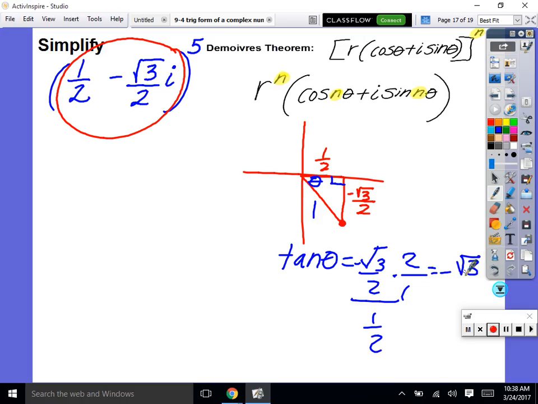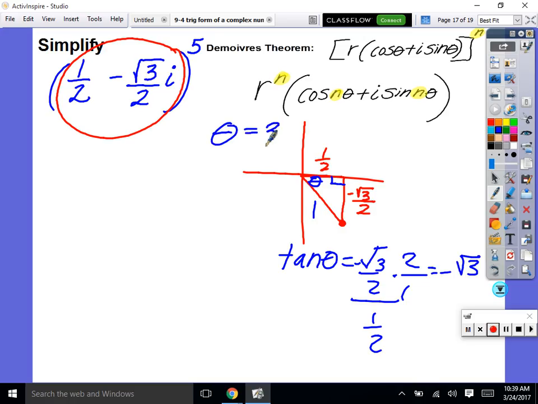Doesn't that happen at, where does that happen on your unit circle? At negative, well, we could say it 2 different ways. 300 degrees. Doesn't it happen at 300 degrees? Yep. So our theta is 300 degrees.